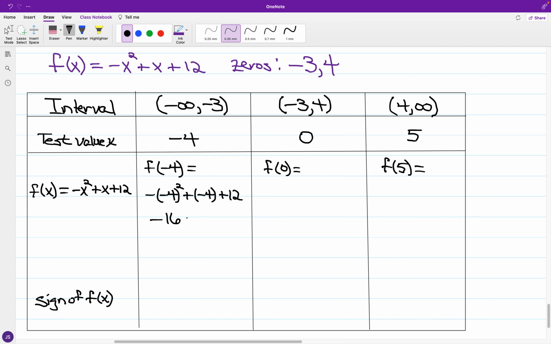Then I have -4, followed by the addition of 12. And -16 minus 4 is -20. -20 plus 12 comes out to -8.